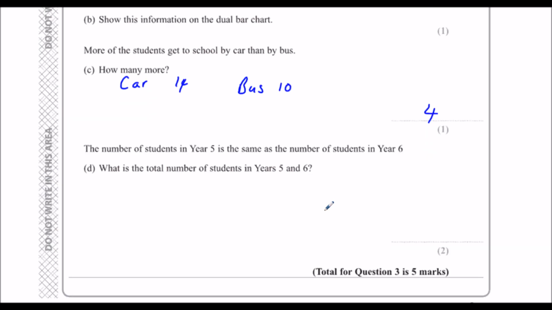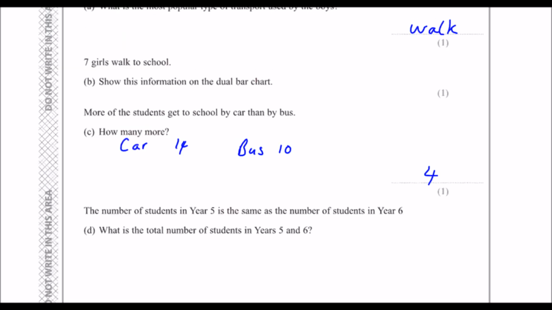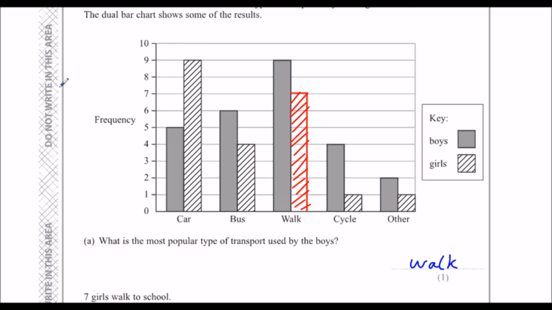The number of students in year 5 is the same as the number of students in year 6. What is the total number in years 5 and 6? So how many students are in year 6? So we need to add them up. So 5 and 9, that was 14. 4 and 6, that was 10.